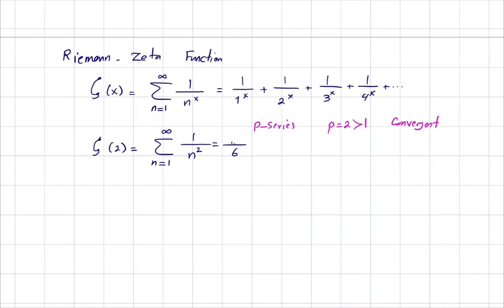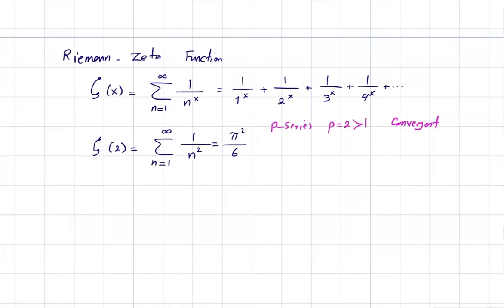If it's easier for you, you can memorize this power series summation as well. What is the use of zeta of 2, or this p-series when p is equal to 2, which is a convergent series, and the sum of the terms of this series becomes pi squared divided by 6?